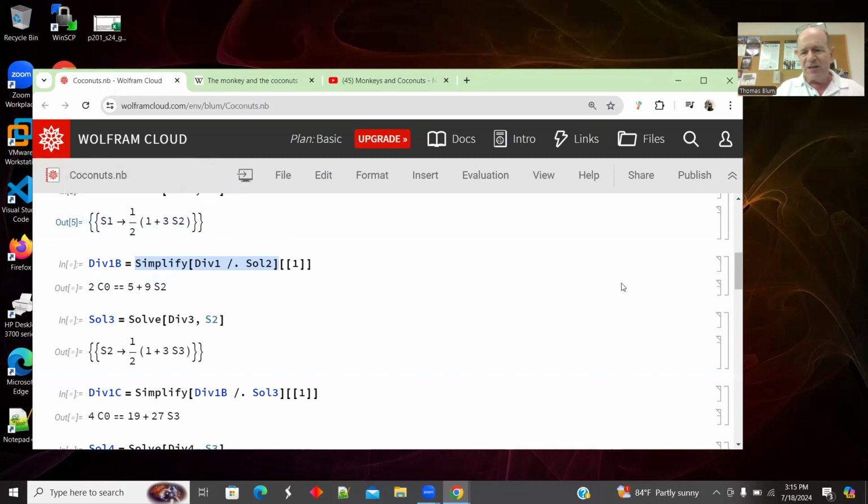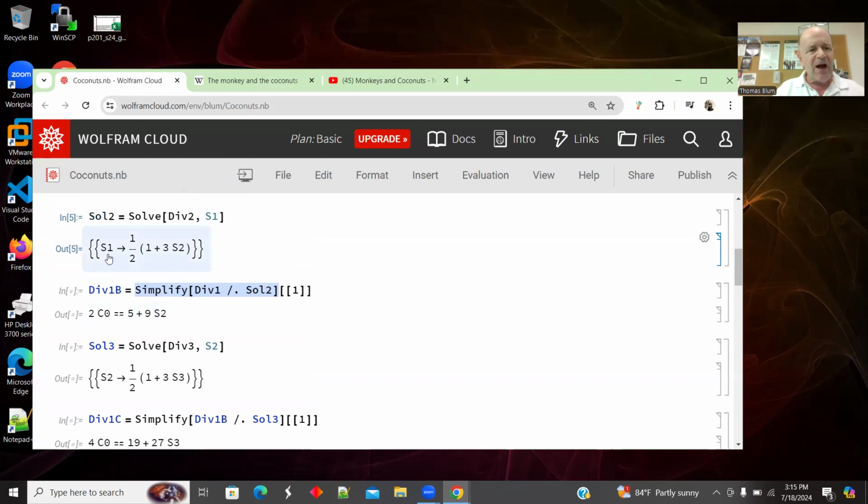And then when I do this substitution, I'll end up with something in curly brackets, and I wanted to get rid of the curly brackets. And so I'm using the double square bracket notation to pick out the one term in here. So that is three things piled on top of one another: a substitution, a simplification, and then an extracting.